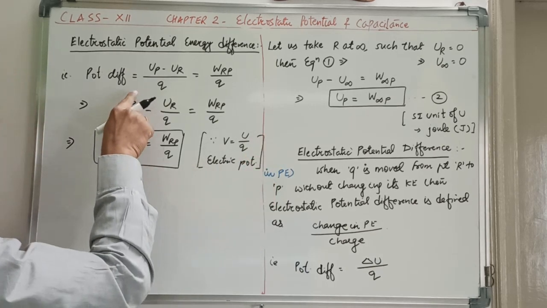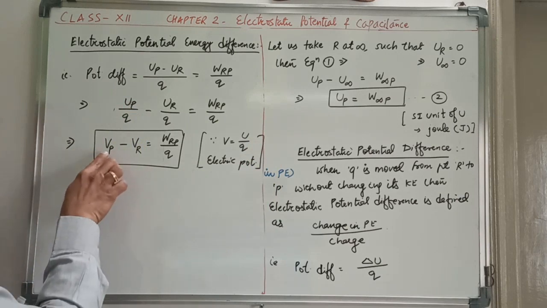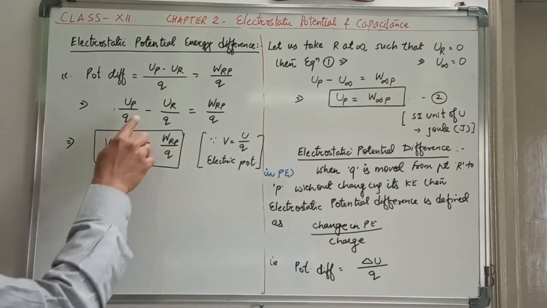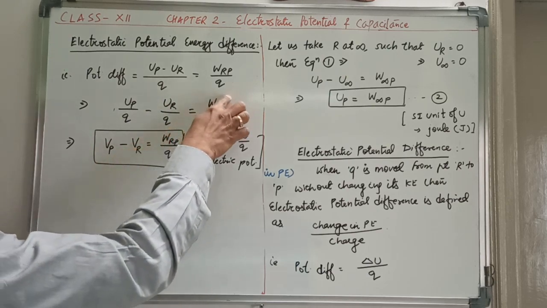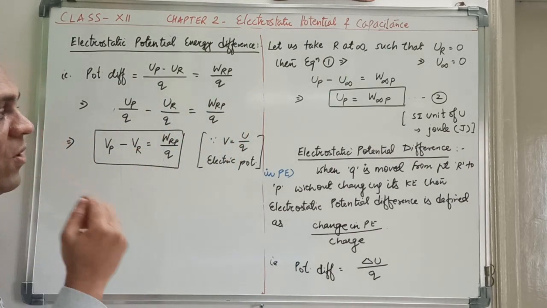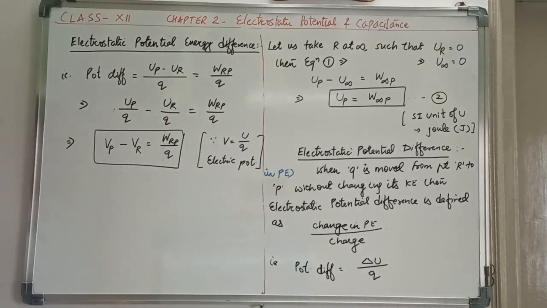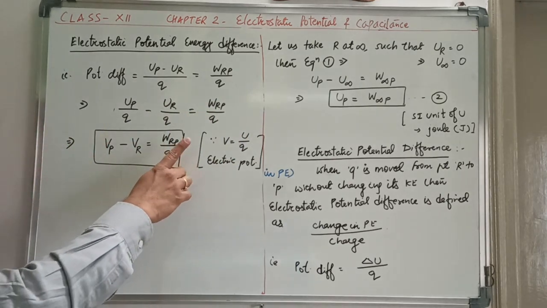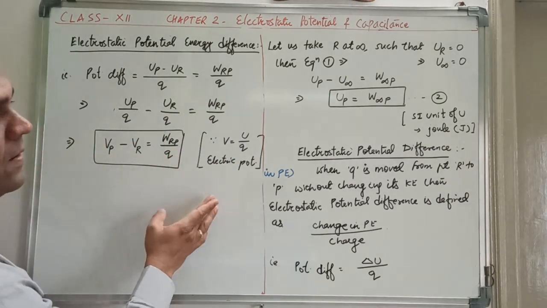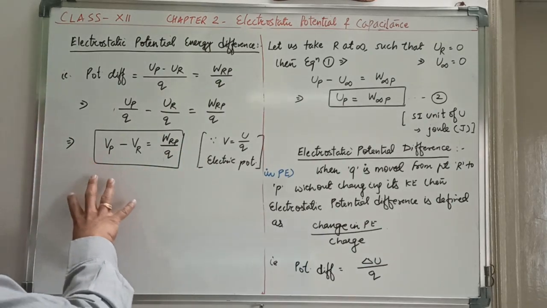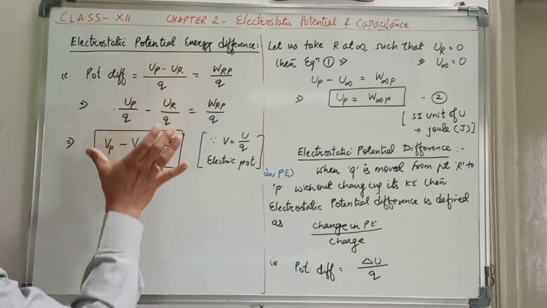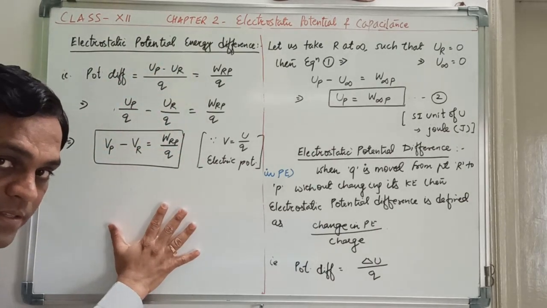So you see, UP upon Q is the electric potential at point P, UR upon Q is the electric potential at point R, and obviously WRP upon Q is the work done by the external force to bring the particle from point R to point P. Correct.